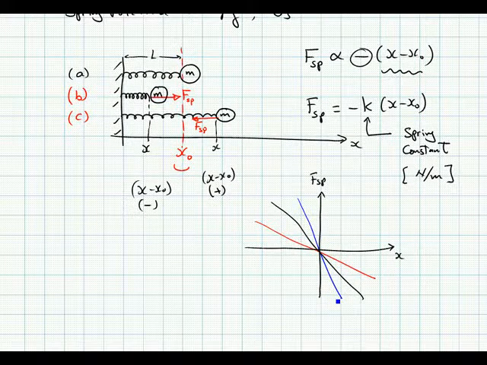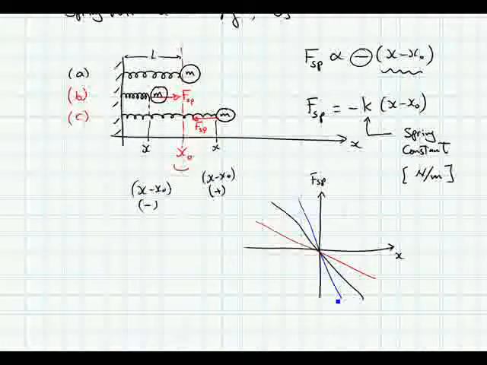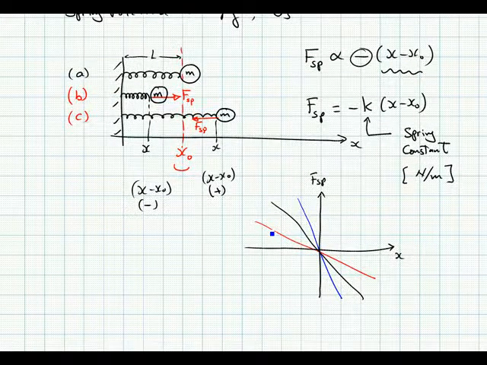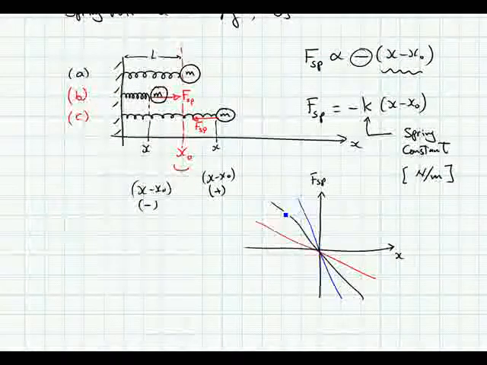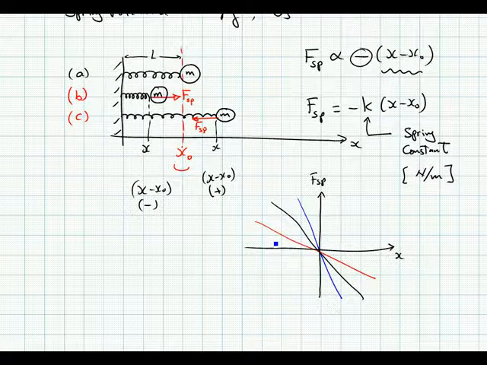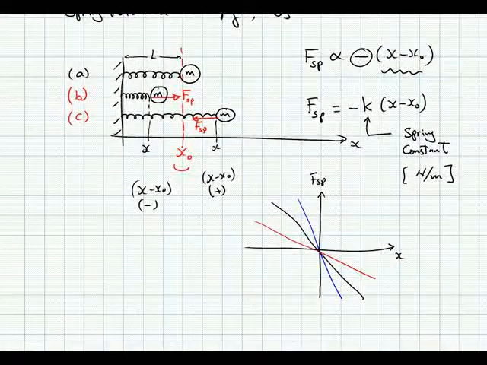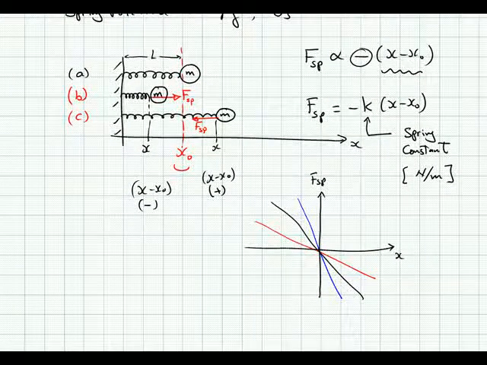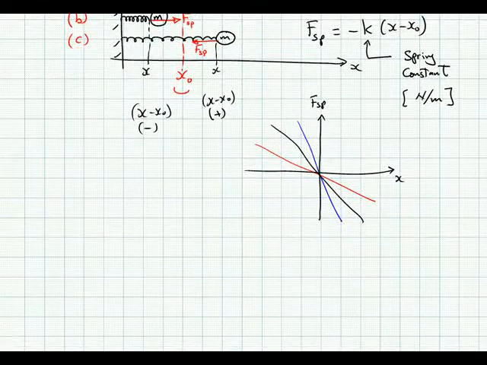The blue spring has a greater slope, which means that it's a stiffer spring than the black spring, and the black spring is stiffer than the red spring, and so forth. So the greater the k value, the stiffer a particular spring is.